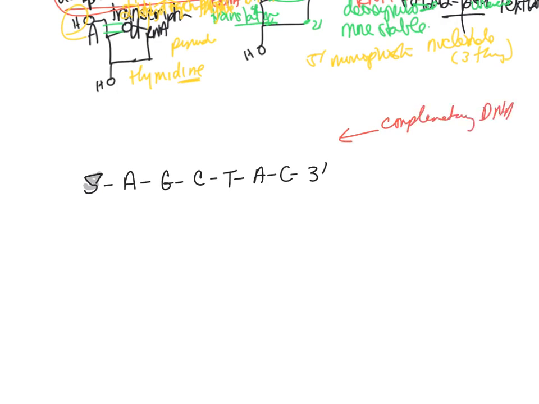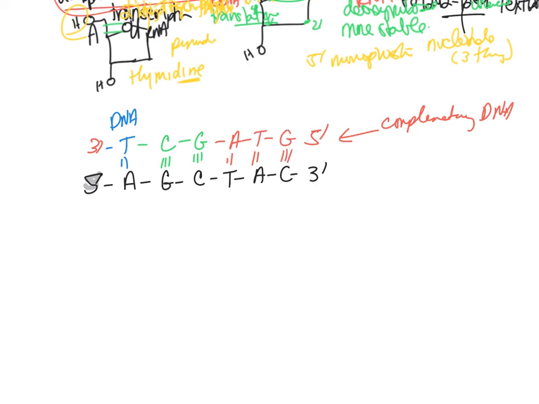Okay, so it would be 5' to 3', and then A does what? A in DNA would be double bonded to T, hydrogen bond. G would be C, triple bond. C would be G. T would be A, double bond. A would be T. And then C would be G, triple bond.